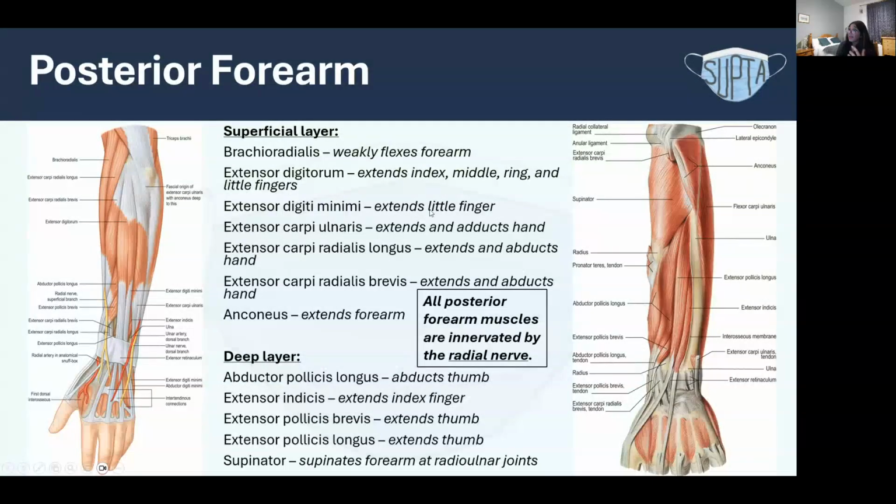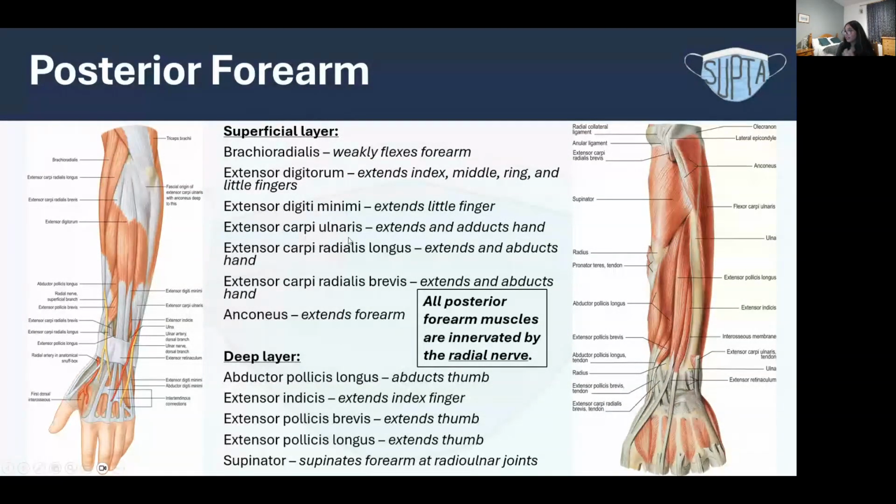So we have extensor digitorum, which extends our index, middle, ring, and little fingers. So again, digitorum, we're essentially referring to all fingers in general except the thumb. We have extensor digiti minimi. Digiti minimi, mini digit, little finger. So it extends our little finger.